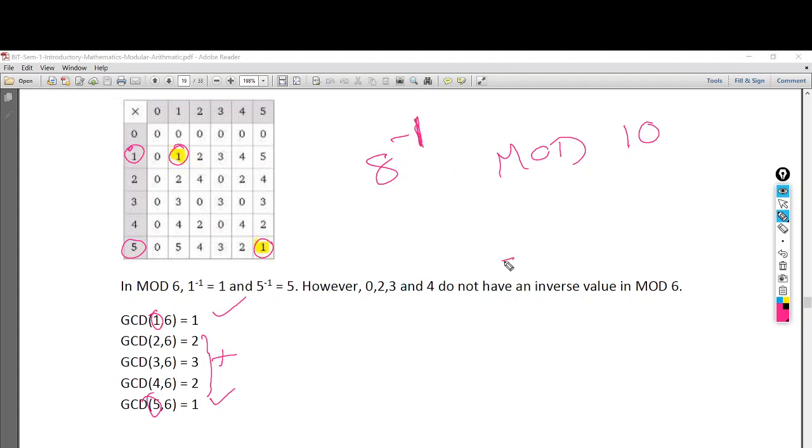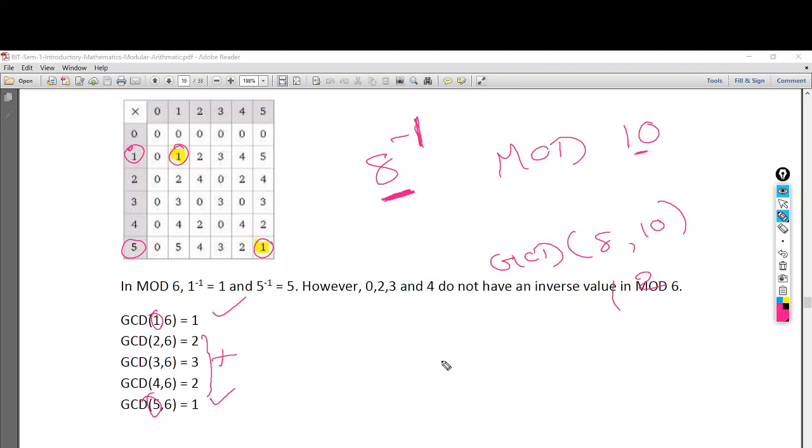You just have to find the GCD of 8 and 10. GCD of 8 and 10 is 2, which is not 1. Therefore 8 doesn't have an inverse in mod 10.